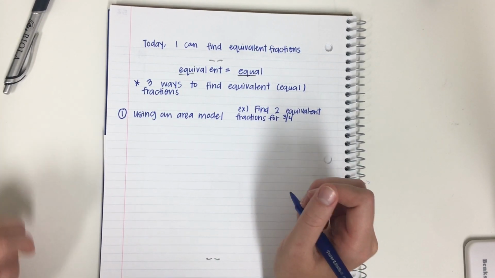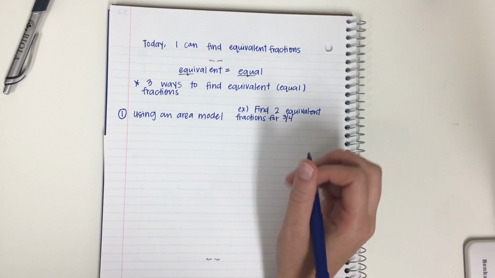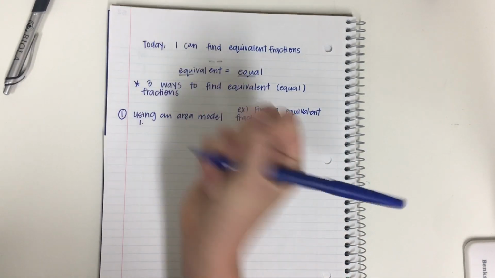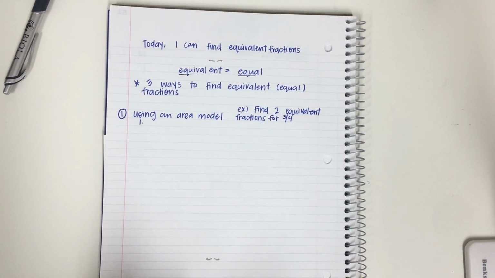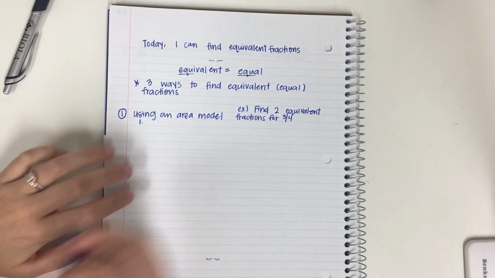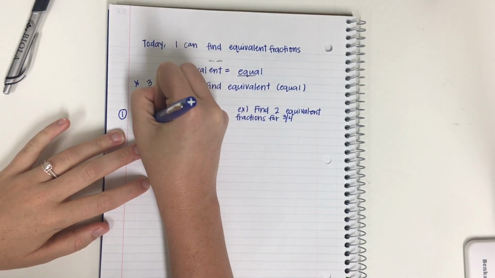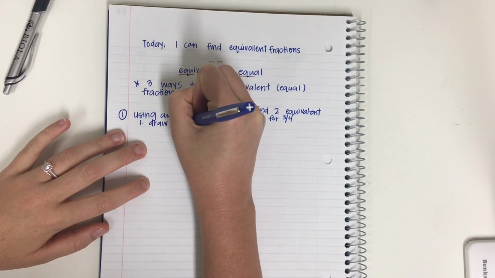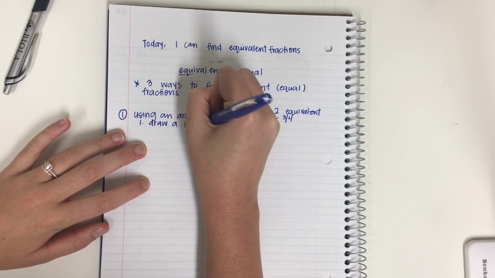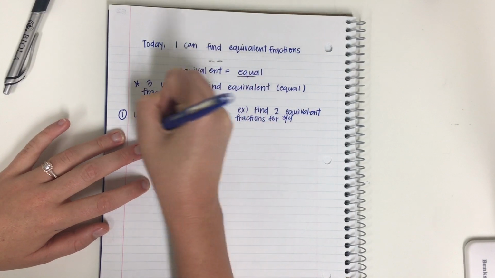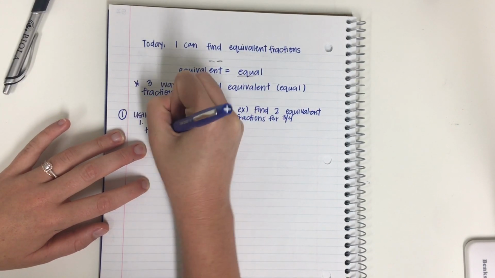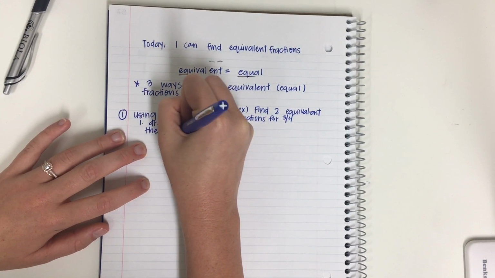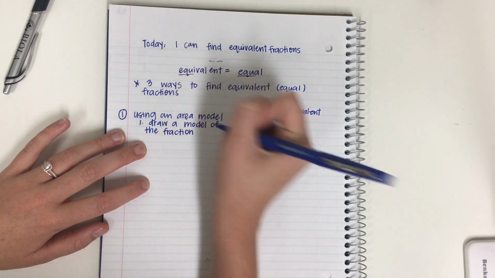So here's the first one we could do. We could do using an area model. So the first thing I can do once I get my problem of find 2 equivalent fractions for 3/4, I can draw a model of the fraction.